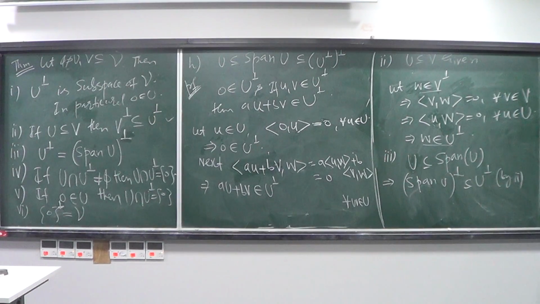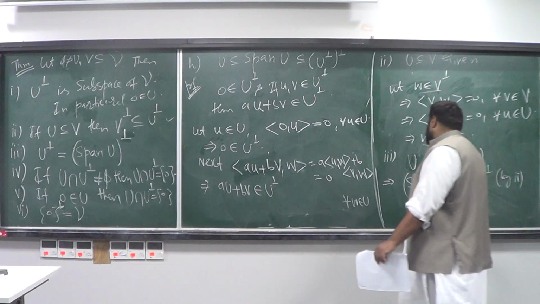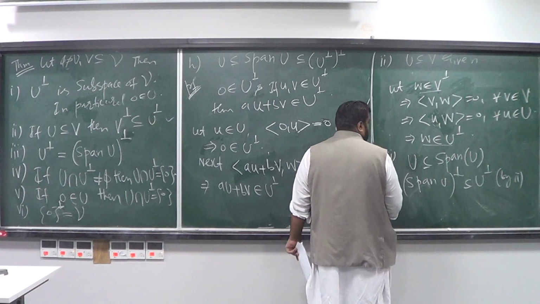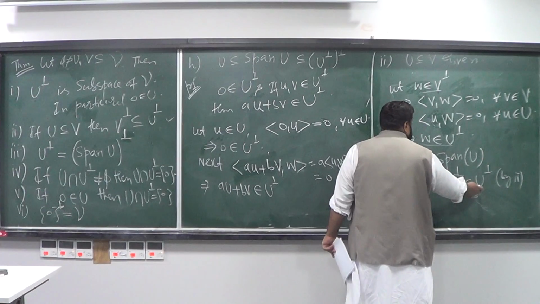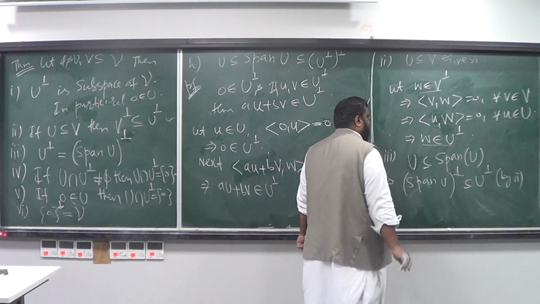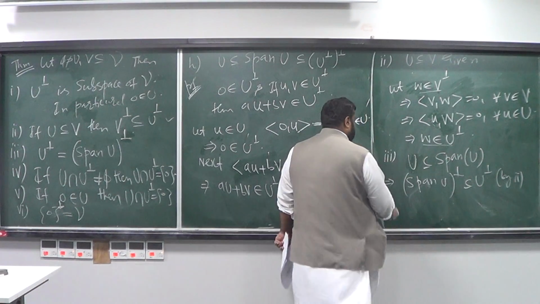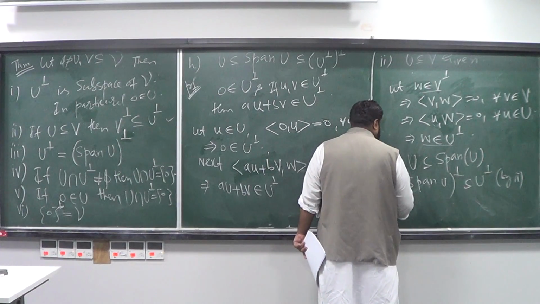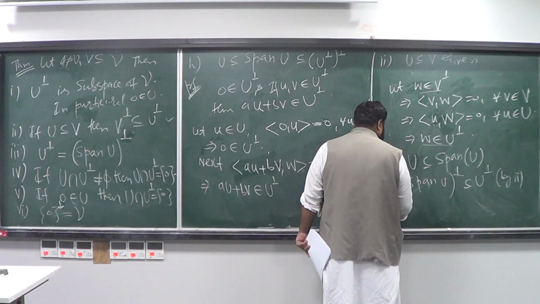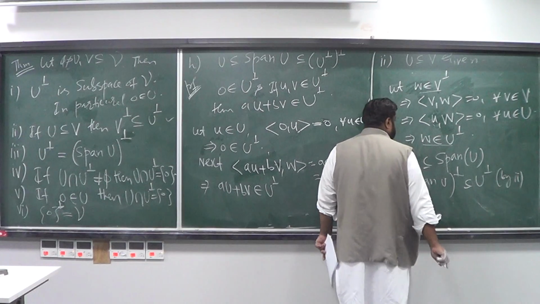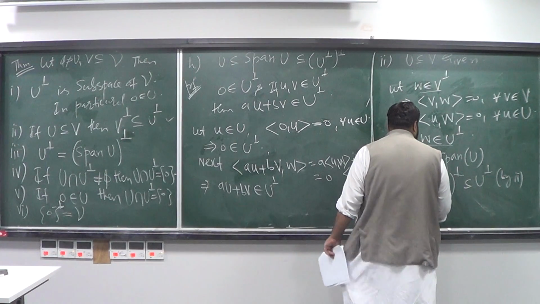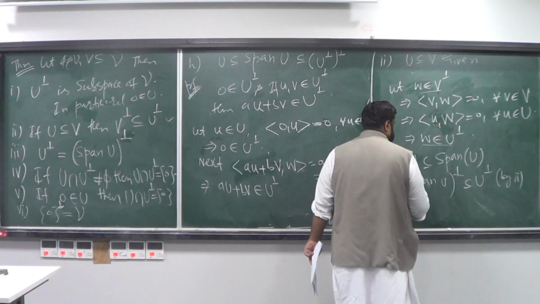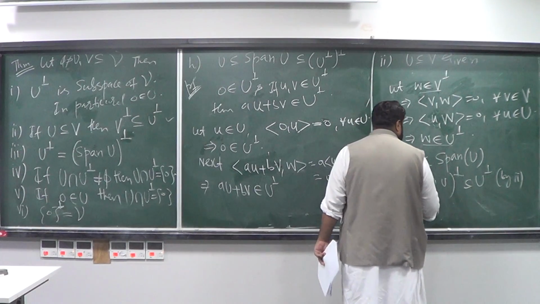So the only thing we now need to show is the reverse inclusion. I need to show next that U perp is contained in the span of U perp. So next, let V be in U perp.